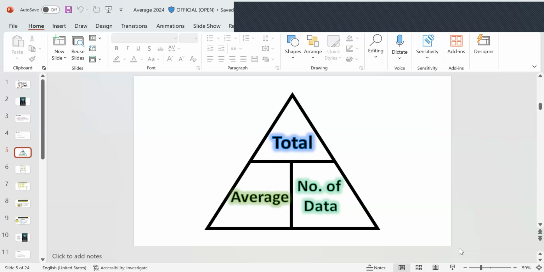So here's the passcode challenge. The passcode challenge is being able to remember this relationship triangle.